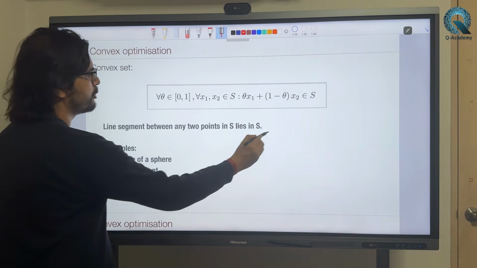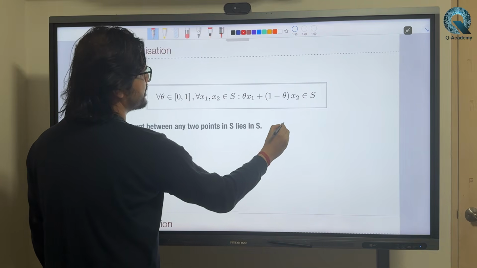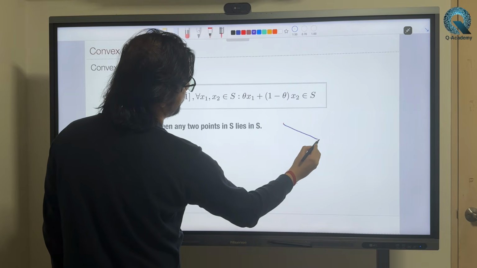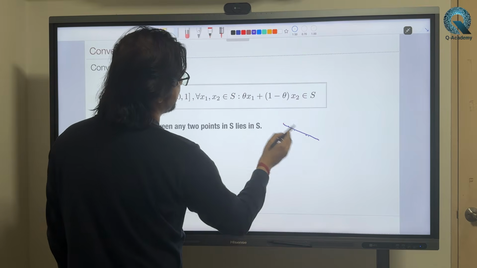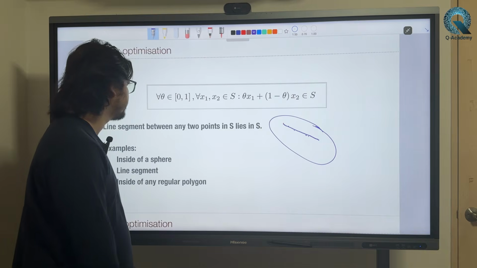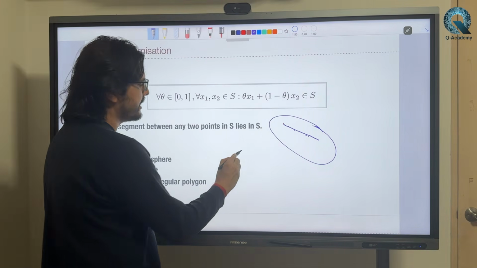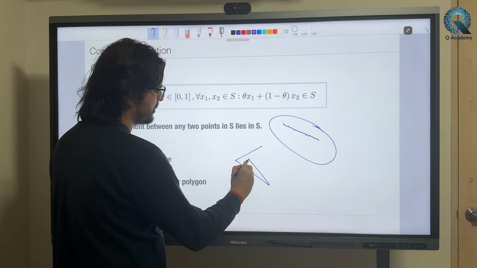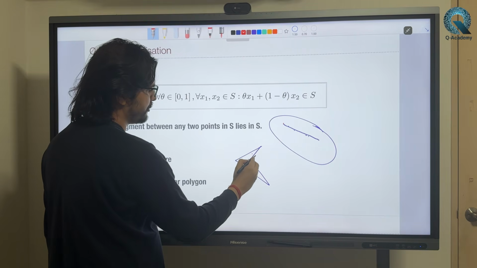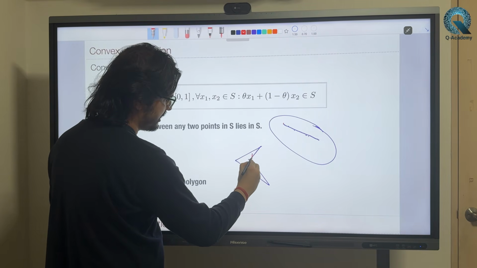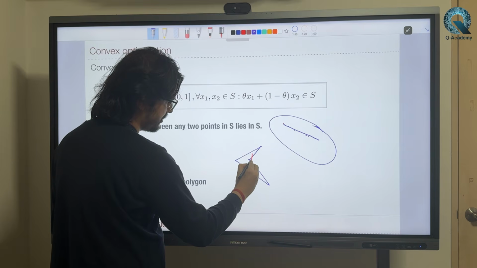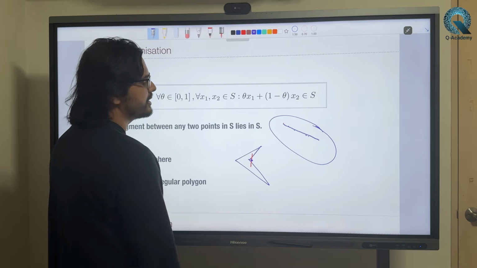Geometrically, it means that you take two points in the set, and any line segment that connects them, all the points on it should be within the set. So let's say this is a set that we are talking about, this is a convex set. On the other hand, let's look at this set. If we take two points, here and here, and connect them, note that we get a point that is not in the set.